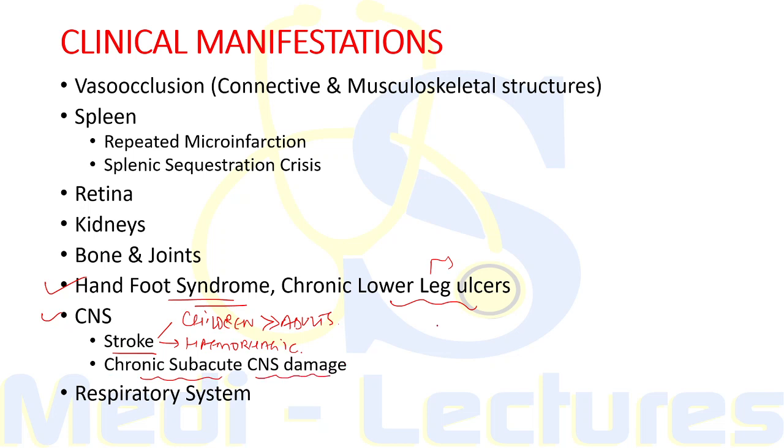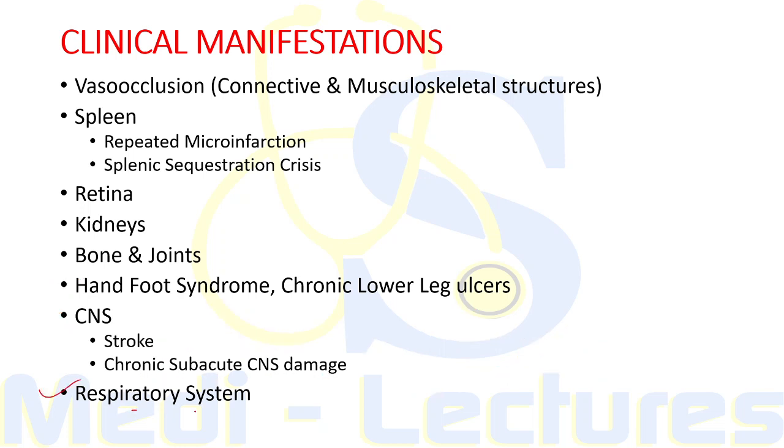So, it occurs in the absence of overt stroke and is distressingly common phenomena. It is due to CNS sickle vasculopathy leading to chronic infarcts, and there is cognitive and behavioral abnormalities in children and young adults.